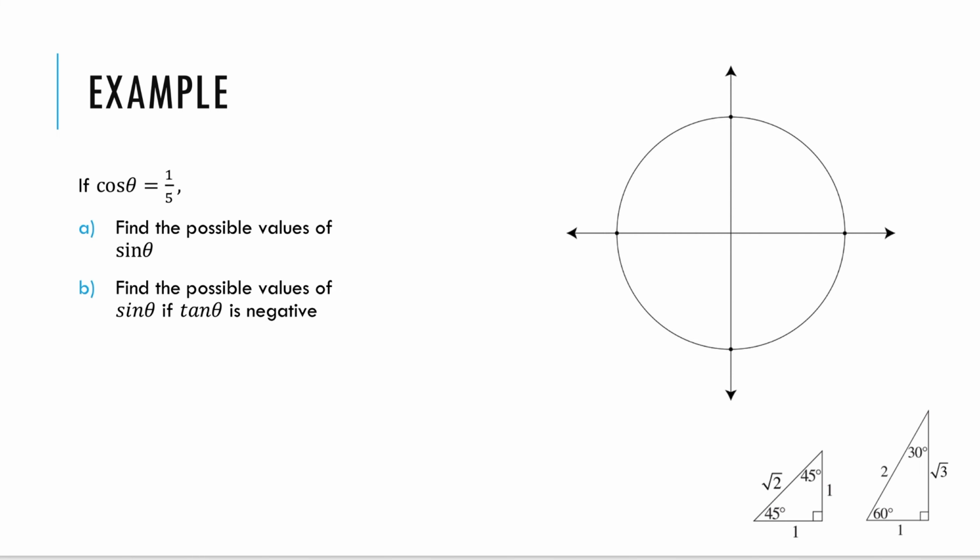Here, if cos theta equals 1 over 5, part A says find the possible values of sine theta. Now, my first thing I notice is that unfortunately, 5 is not in any of my exact value triangles. That's okay. So what I want you to think about is your first step is always make a triangle.